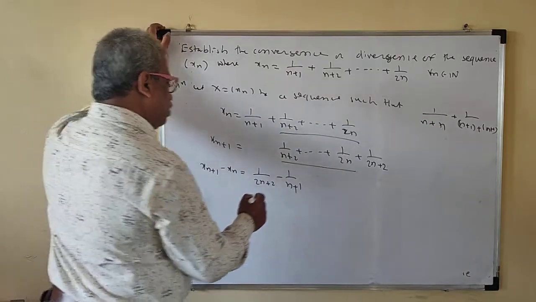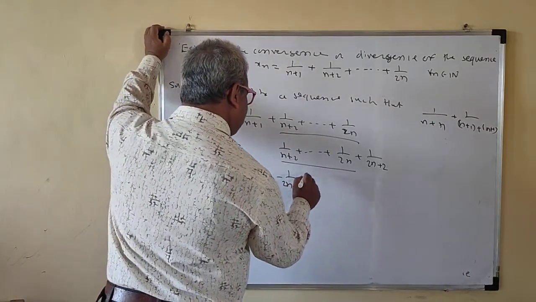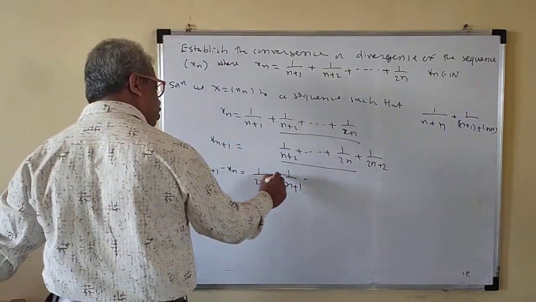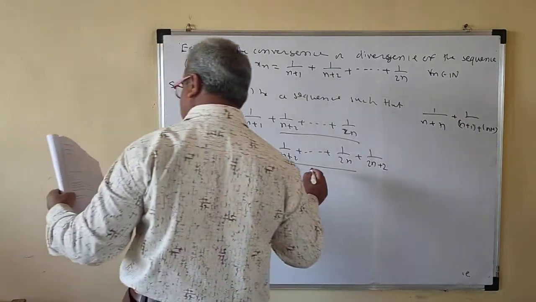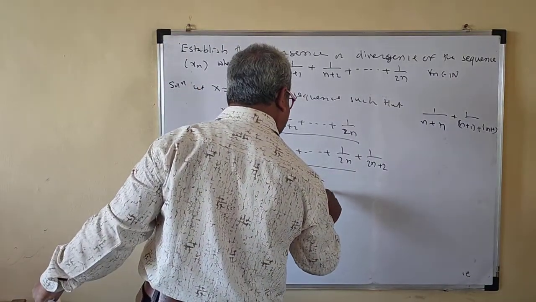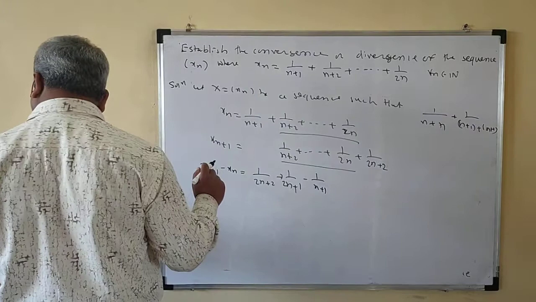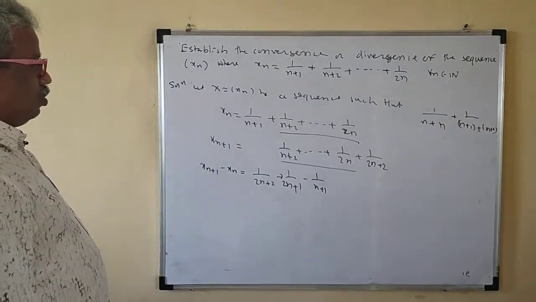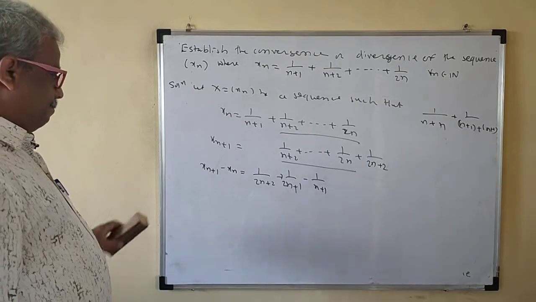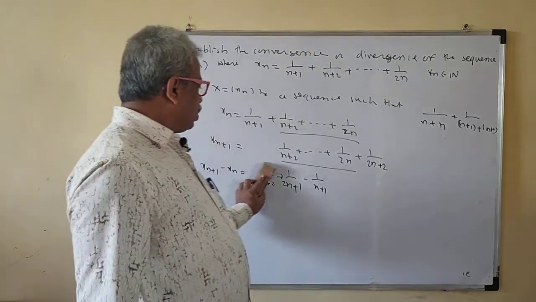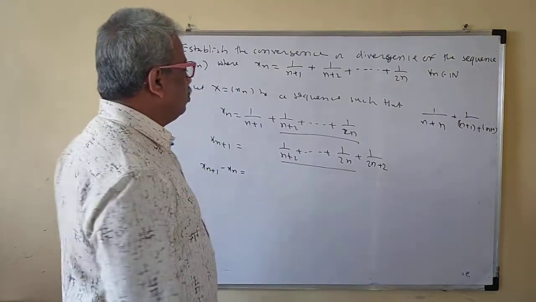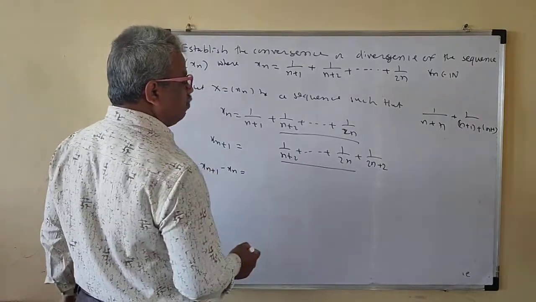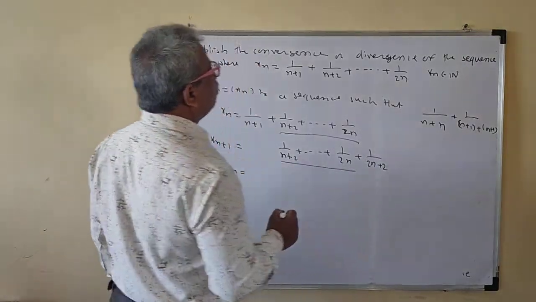This is twice n plus 1, plus minus 1 upon n plus 1. No, so this is correct now, no problem for us. Okay, so twice n plus 1 should be there.